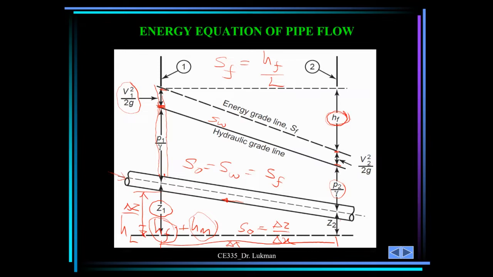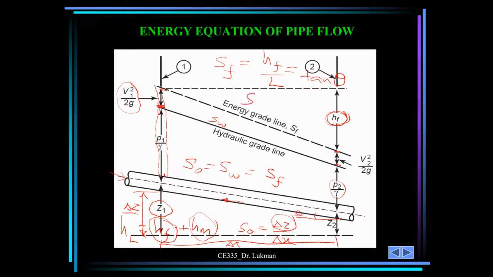Because more often than not, delta Z is usually very small. So HF over L is simply tan theta, if the angle of inclination here is theta.